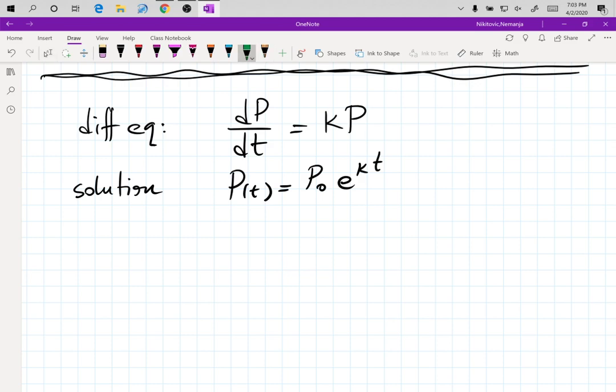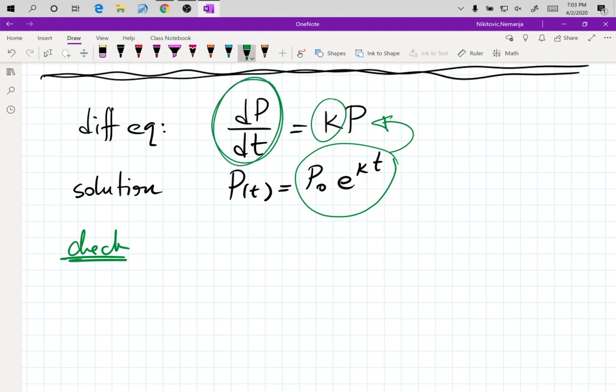Now you want to check. Let's say you really want to know if you solved the problem correctly. Well, just plug in. All of this mess is P. You have a k right there. So all we need is the derivative of the function to plug in there.